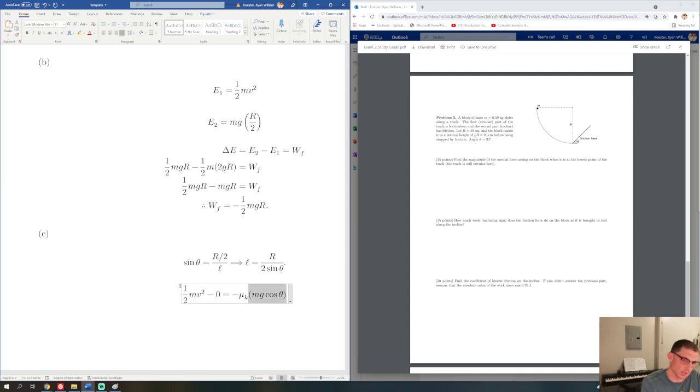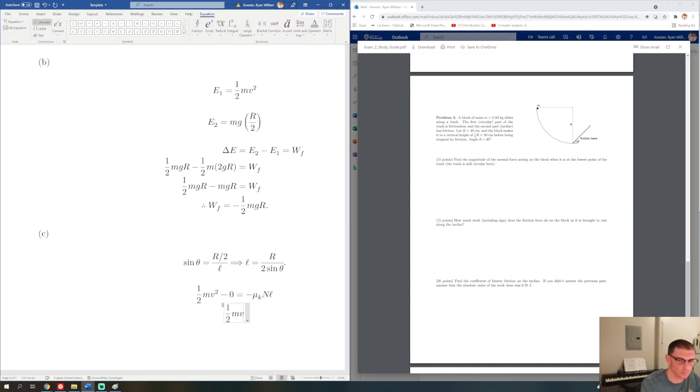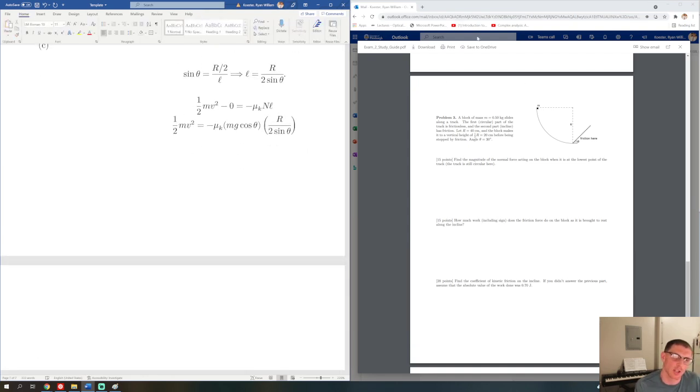Let me write this explicitly. I don't want to lose anybody. So this is what I'm saying. Then this becomes negative mu sub k. The normal force is mg cosine theta, and L should be big R over 2 sine theta. I'm doing algebra in my head, so I'm not going to guarantee I'm not making any mistakes, but the procedure here is definitely correct, if nothing else.